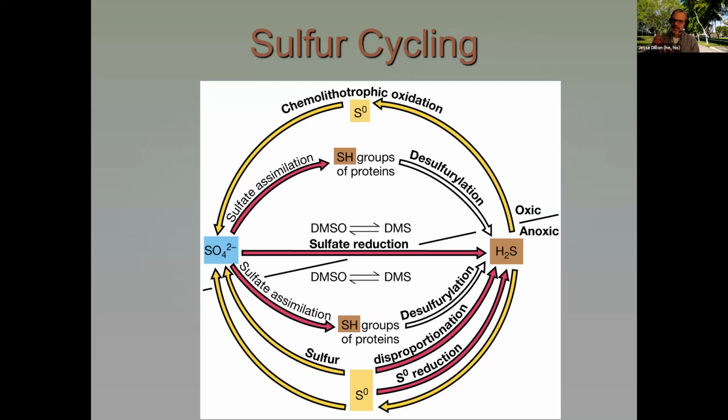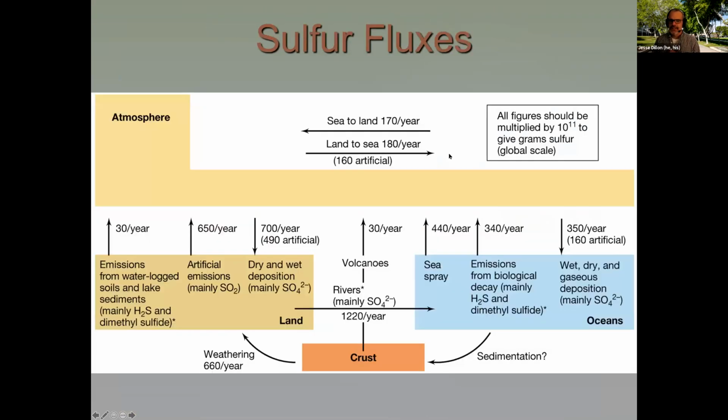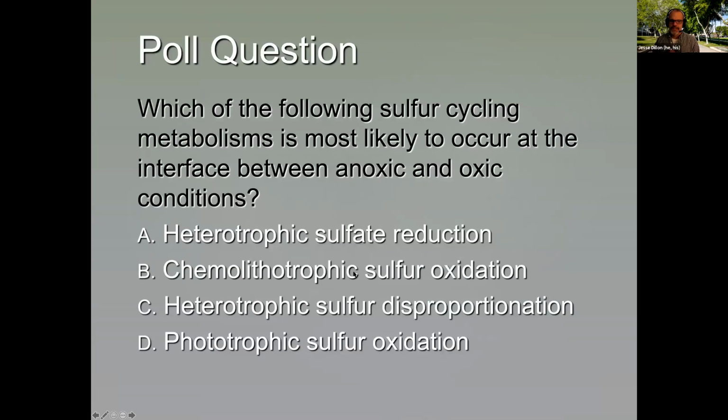And it's at that interface, where the vents are leaking the sulfide but there's oxygen in the water, that this can occur. Okay, so the best answer was actually B, chemolithotrophic sulfur oxidation. And phototrophic sulfur oxidation is an anaerobic process as well. So this is the one that requires oxygen.